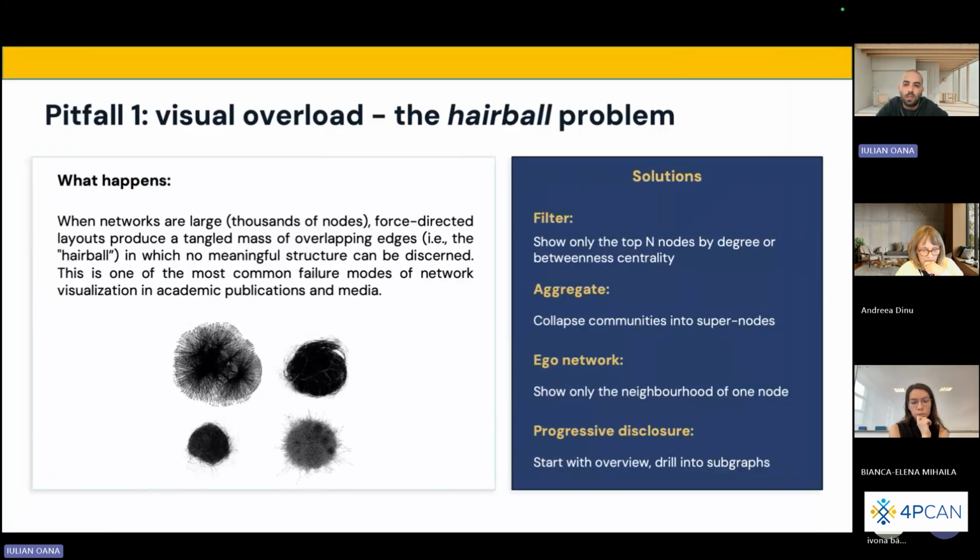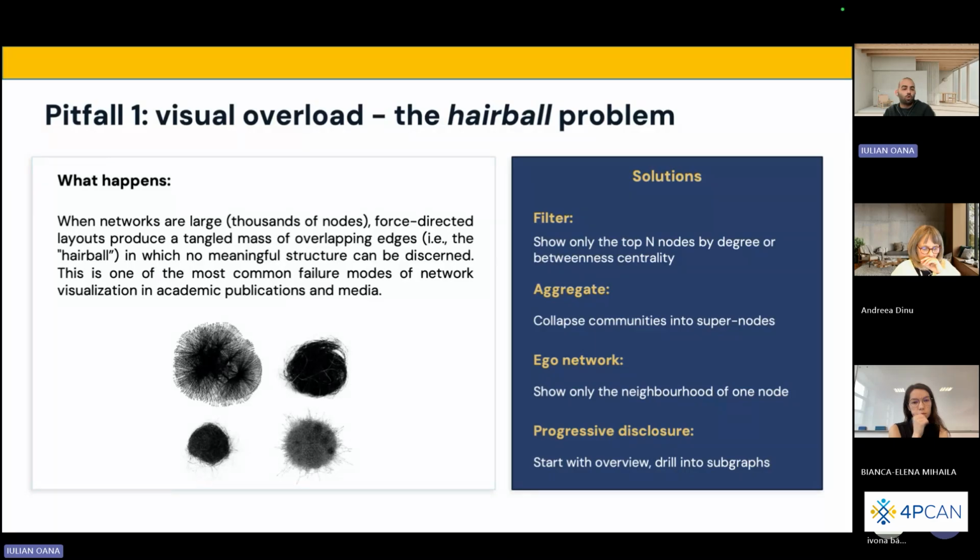So, solutions not to have hairballs: either filter, so you can choose to highlight only a number of top nodes by degree centrality, betweenness centrality, or whatever numeric attribute that denotes a node's importance and reason for being highlighted. Aggregate: instead of showing individual nodes, we can collapse and create super nodes and represent a community as a single node, which will make the visualization easier.